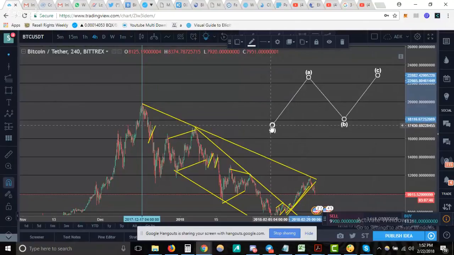The market is meant to move in waves. So anytime there is a correction like this and it's complete, the market is expected to move in the direction of the former impulse.